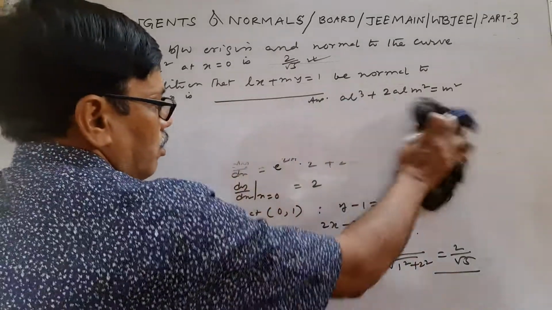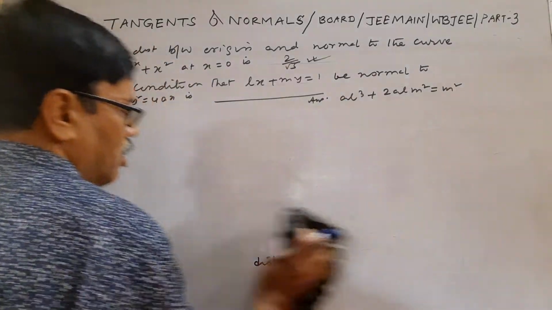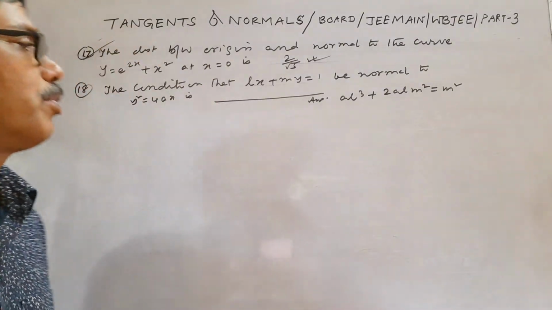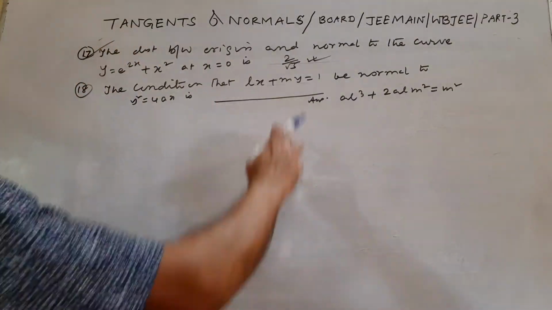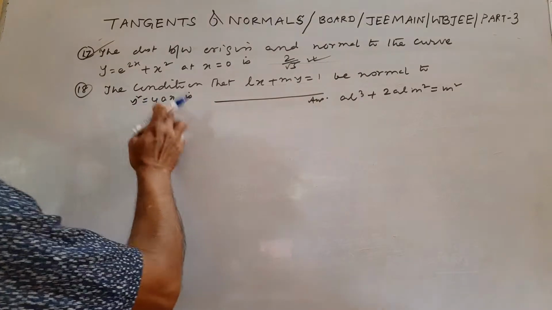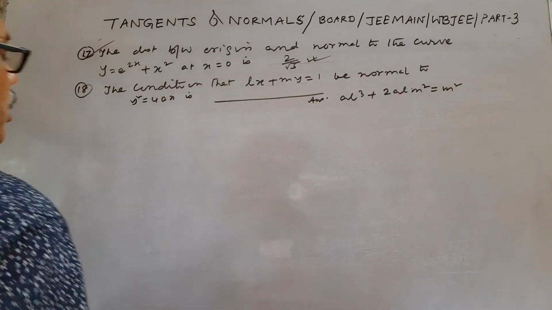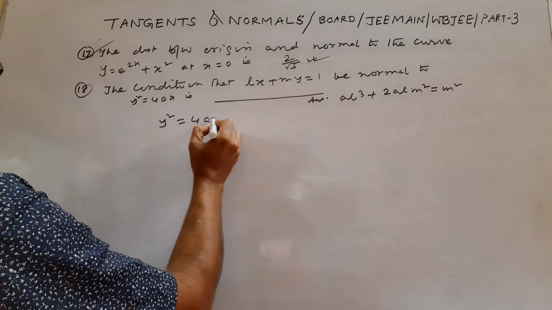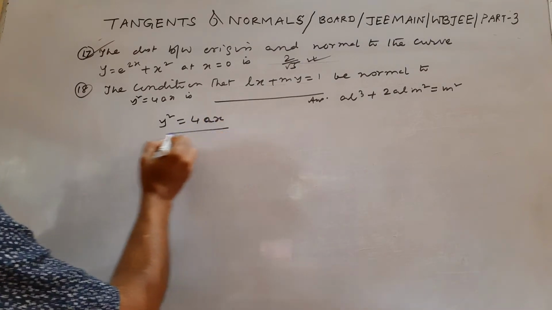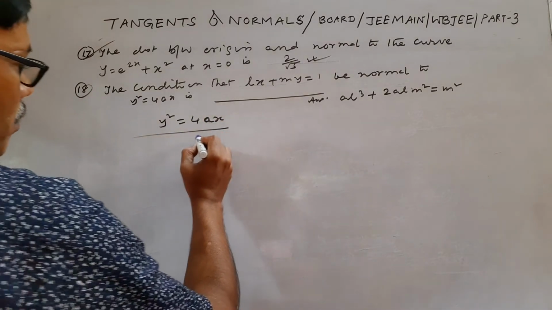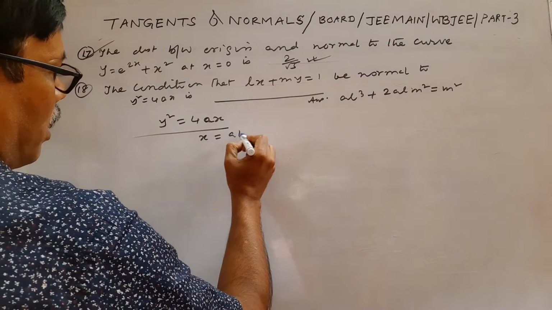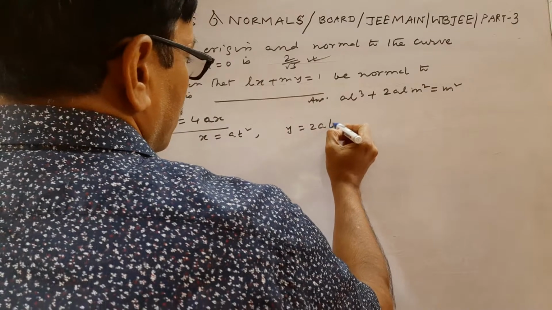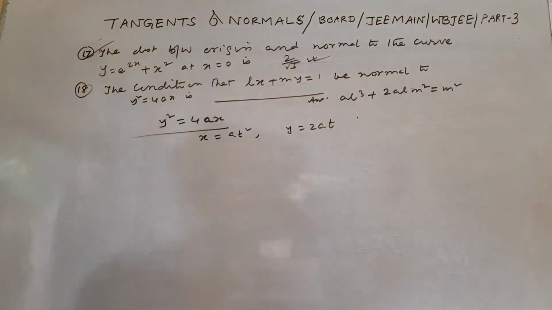So 18 also. This is an important problem for board. So this is the normal to y square equals 4x. So what is the parametric equation? If we use parametric, then it will be simple. So this is the parametric equation.